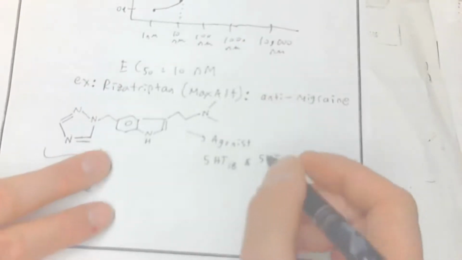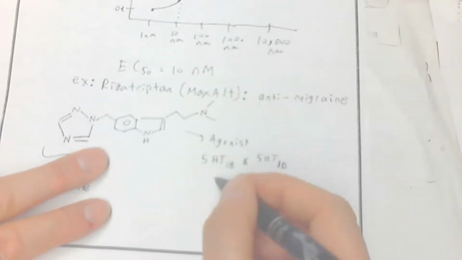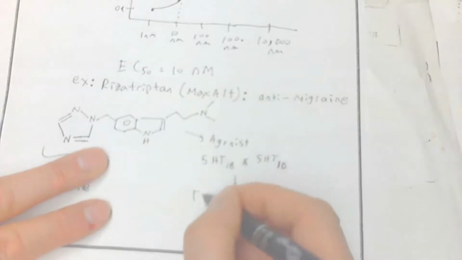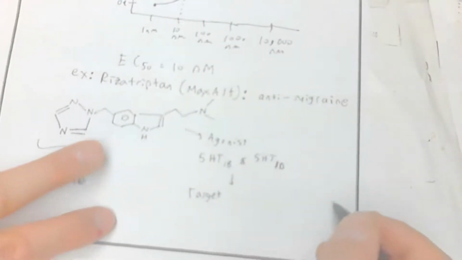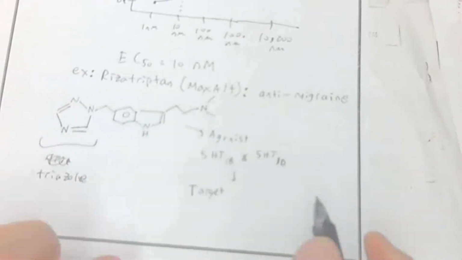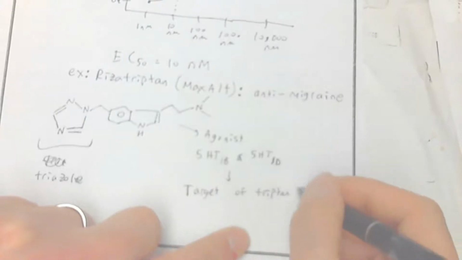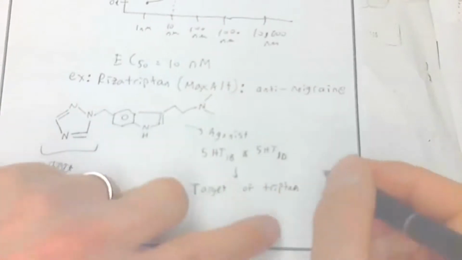And so these are the target of a bunch of different triptans. There's different triptans that have the general structure of this target of migraine drugs.